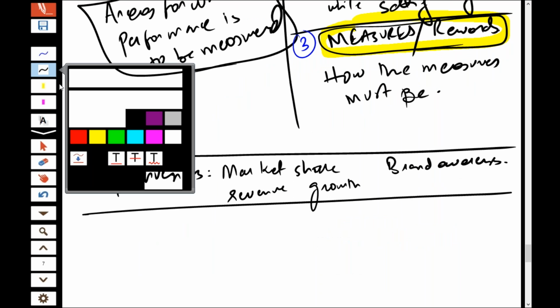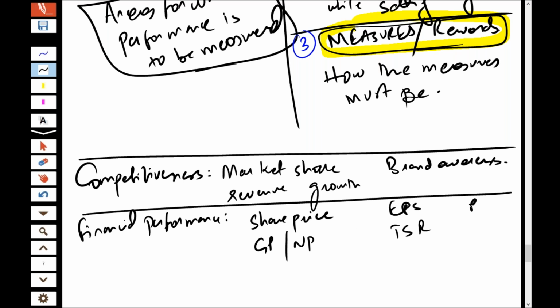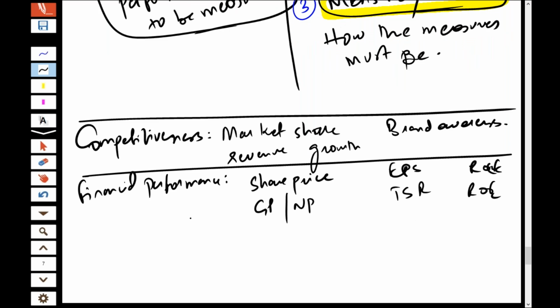When you are talking about the financial performance, the various ratios that could be introduced could be the share price, profitability ratios like the GP and NP, earnings per share, total shareholder return, return on capital employed, return on equity, etc. These are the different types of ratios that could be introduced in order to measure the financial performance.